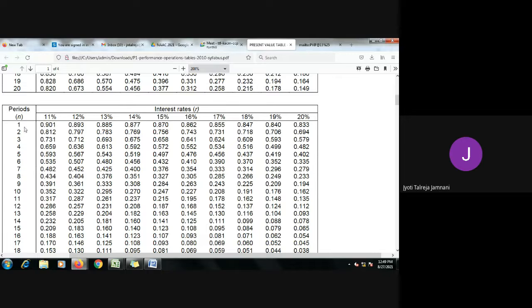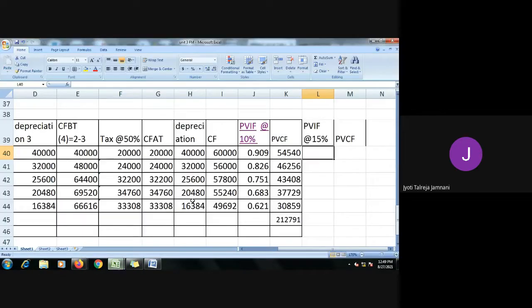For the first year it is 0.870, then 0.756, 0.658, 0.572, and 0.497. These are the present value interest factors.